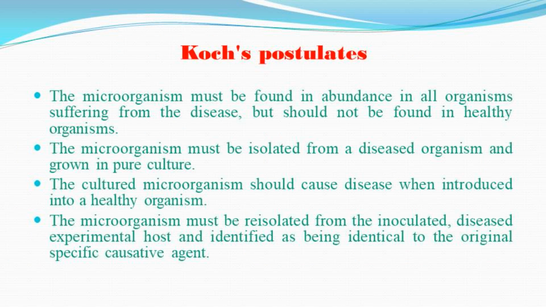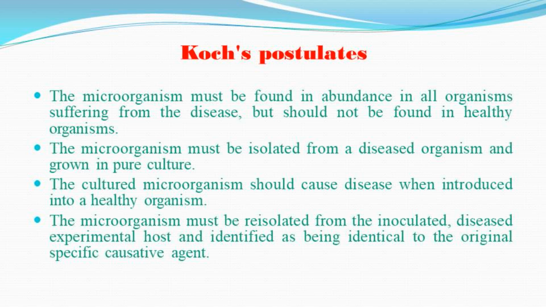It was Robert Koch, a German physician and microbiologist, who designed the criteria to establish the relationship between a causative organism and the disease. They are: the microorganisms must be found in abundance in all organisms suffering from the disease but should not be found in healthy organisms.